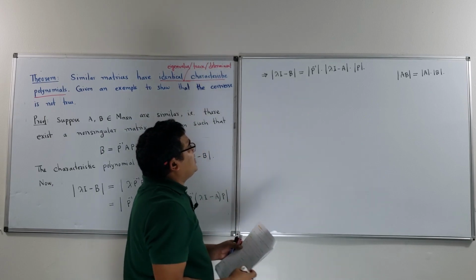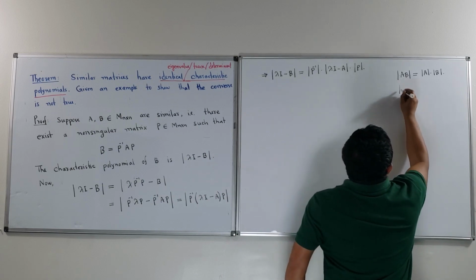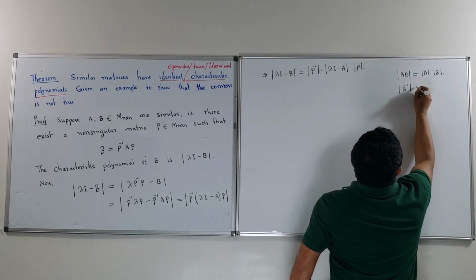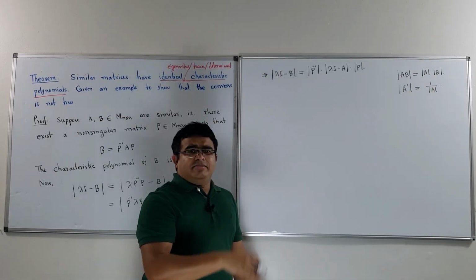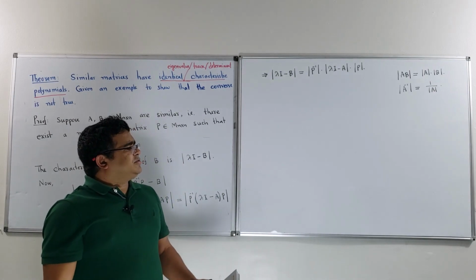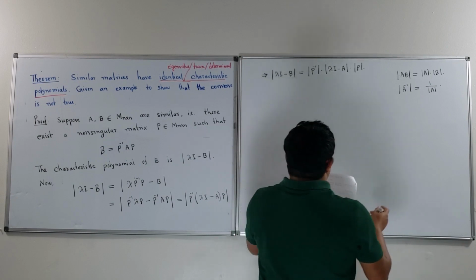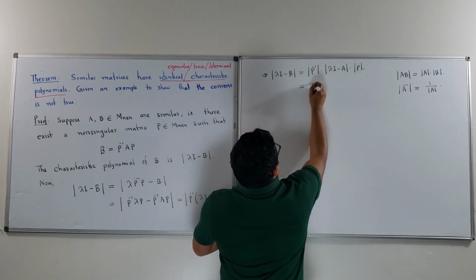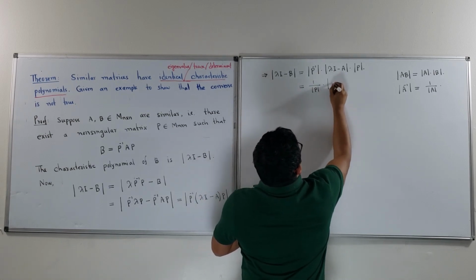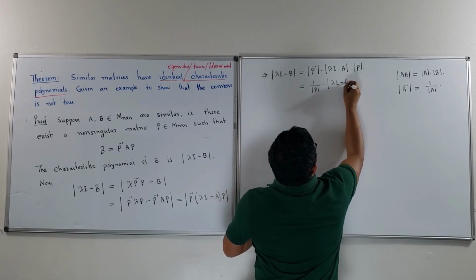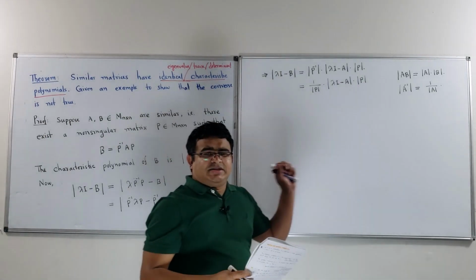Now we know that the determinant of any matrix A inverse is 1 over the determinant of A. So here we can write 1 over the determinant of P, times the determinant of lambda I minus A, times the determinant of P. And a determinant is just a number.